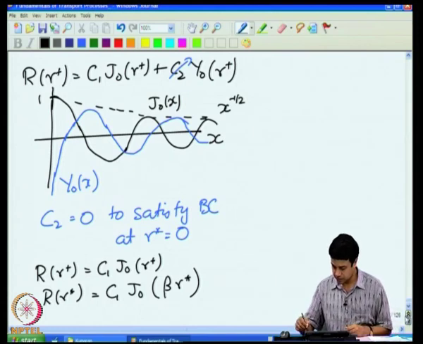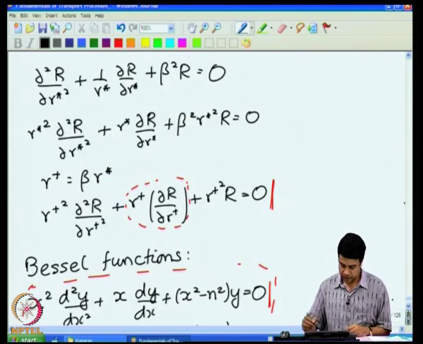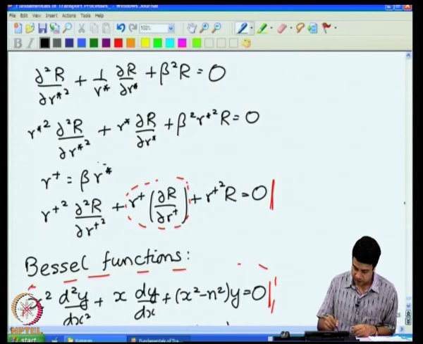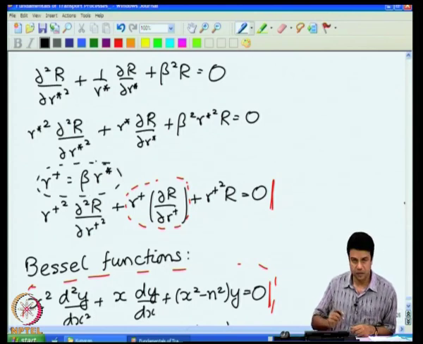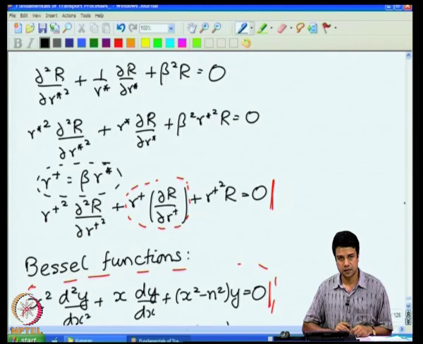And this beta is because I have defined R plus is equal to beta times R star, when I did the reduction.